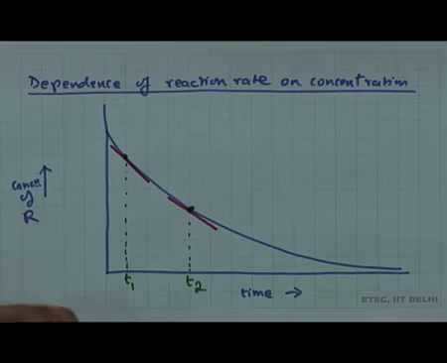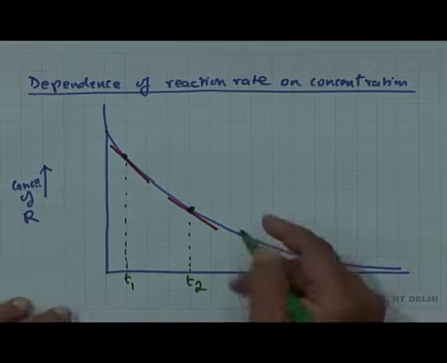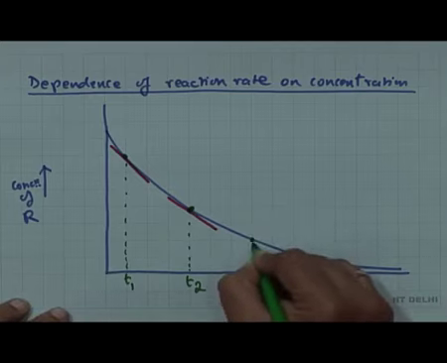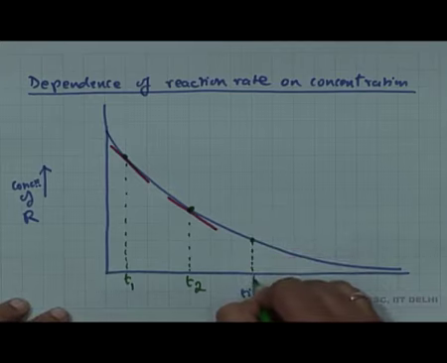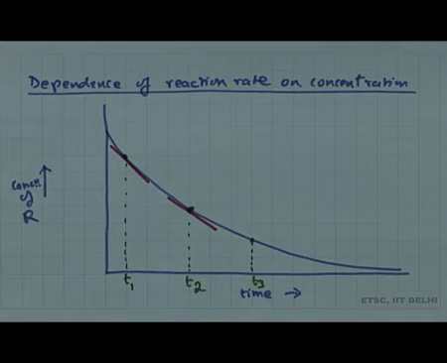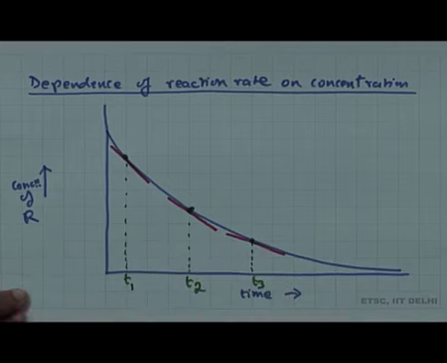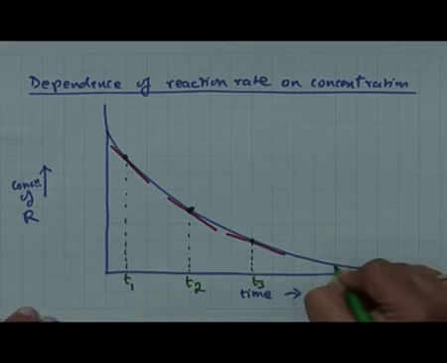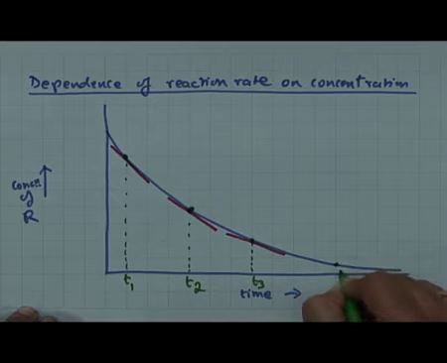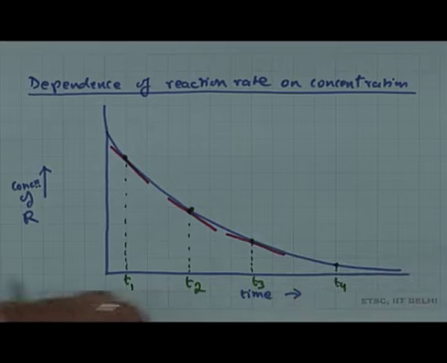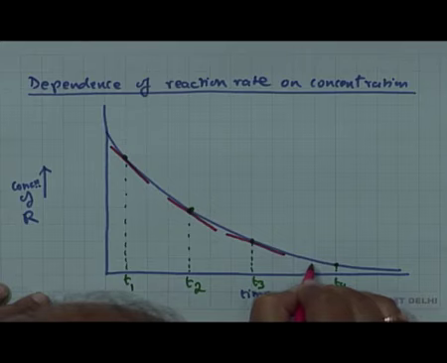Now, hopefully you realize what I am getting at. Another time point, say I take this one, t3. Again I draw a tangent. I take another time point, say here, corresponds to t4, and I draw another tangent.